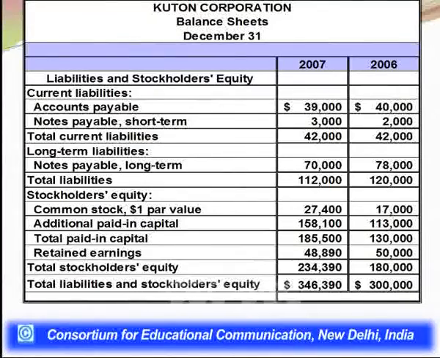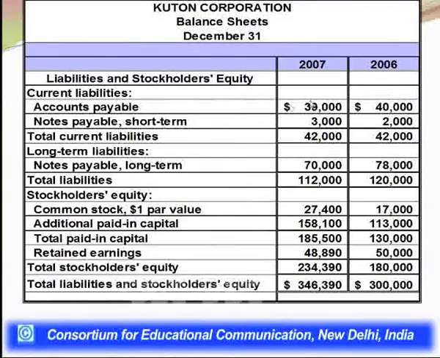So the current liabilities is the first thing which is given. My cursor is just indicating that. The accounts payable were 39,000 in 2007 and 40,000 in 2006. So 40,000 to 39,000. Notes payable and short term liabilities, there were 2,000 notes payable which are short, and there are 3,000 in 2007.